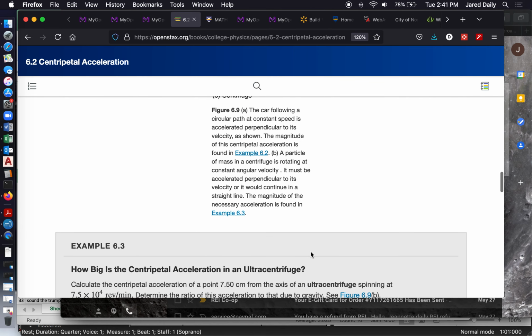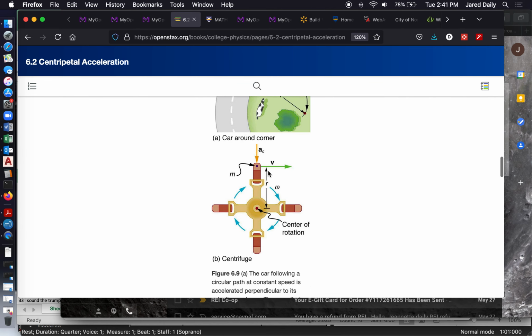An ultracentrifuge is a device that's designed to spin chemicals. They spin the chemicals so that they can separate the more massive precipitates from the solution in a chemistry experiment.